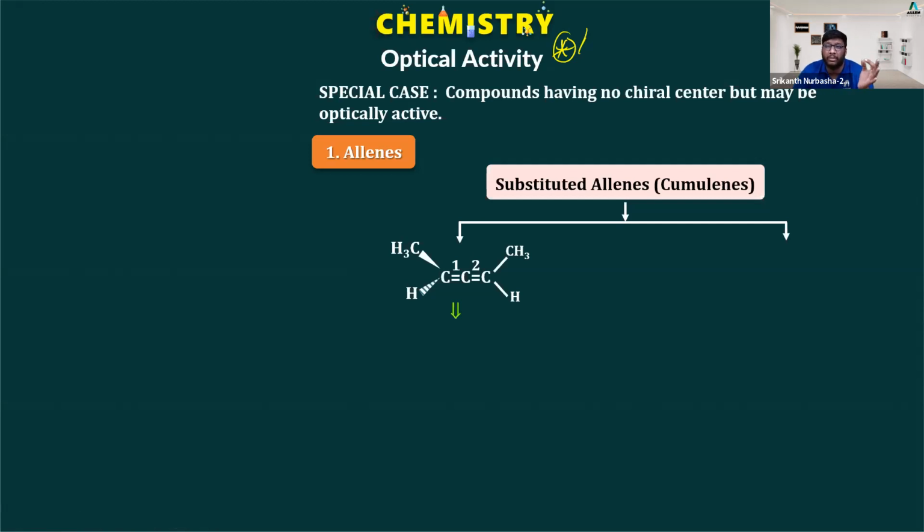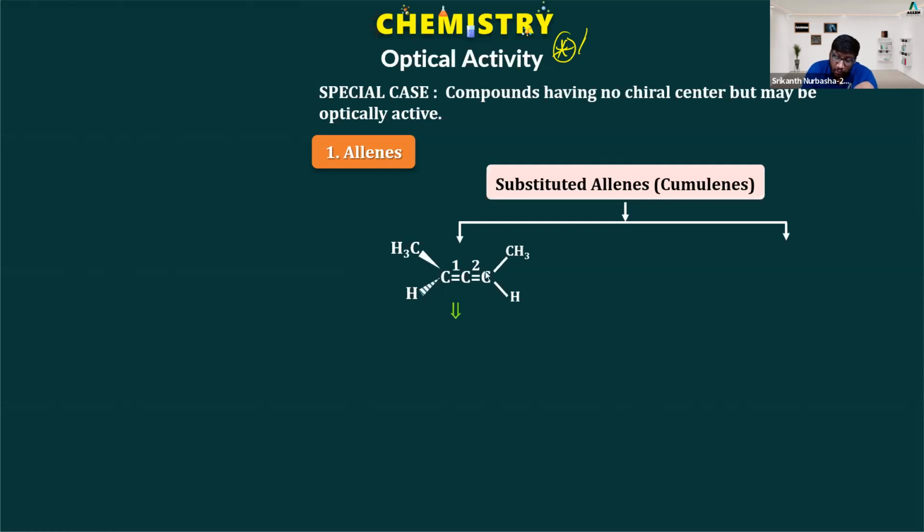Whenever we have an even number of double bonds, the terminal carbon atoms will have valencies which are perpendicular to each other. Whenever we have an odd number of double bonds, the valencies on the terminal carbon atoms are on the same plane. So whenever you have an even number of double bonds, you can look at optical activity.